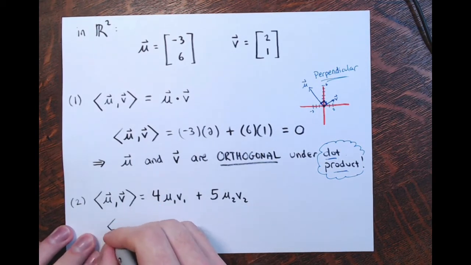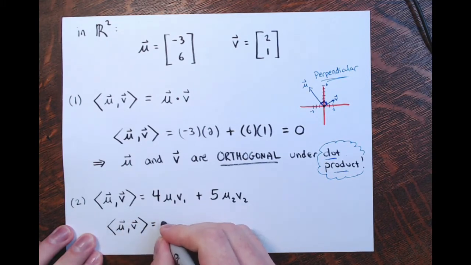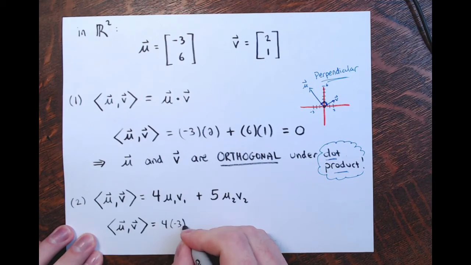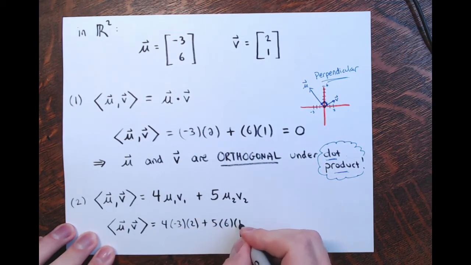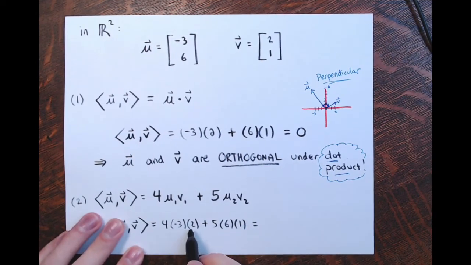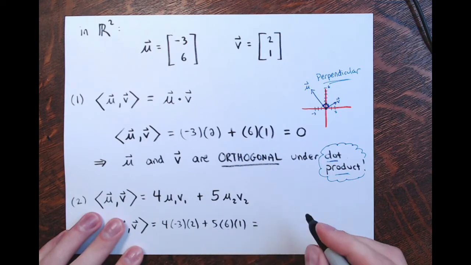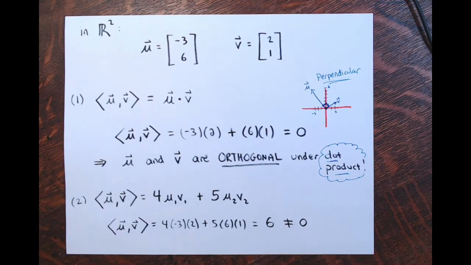The inner product of our vectors here would be 4 times negative 3 times 2 plus 5 times 6 times 1. And this is negative 24 plus 30, which is 6. That is not 0. So under this inner product, these vectors are not orthogonal.